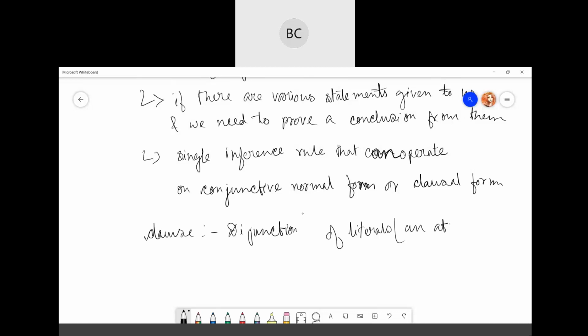A clause is just a disjunction of your atomic sentences, and it is also known as a unit clause. Then what is conjunctive normal form?